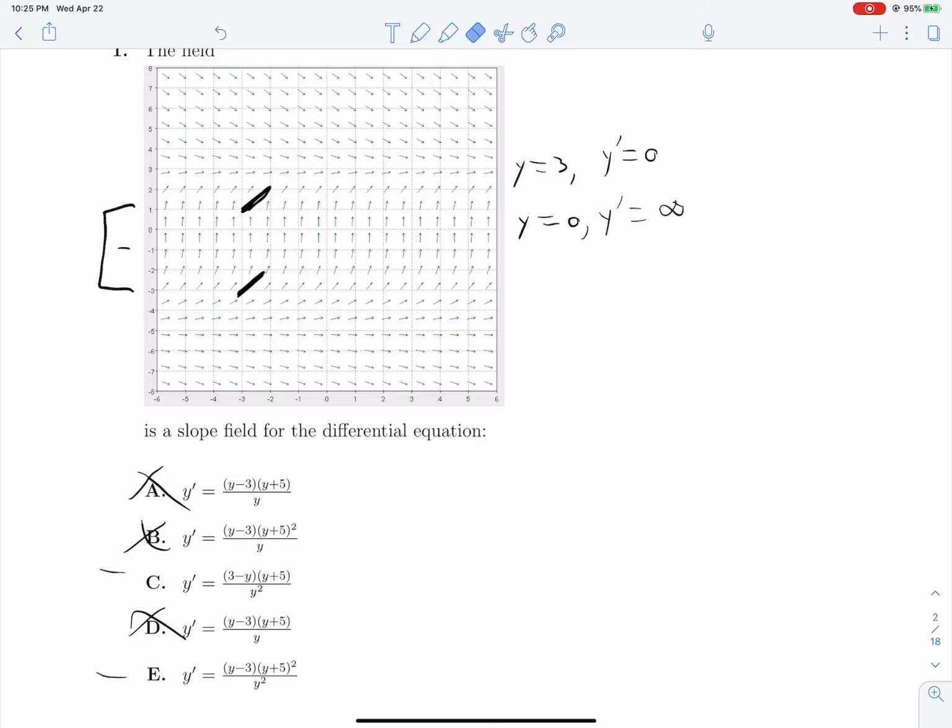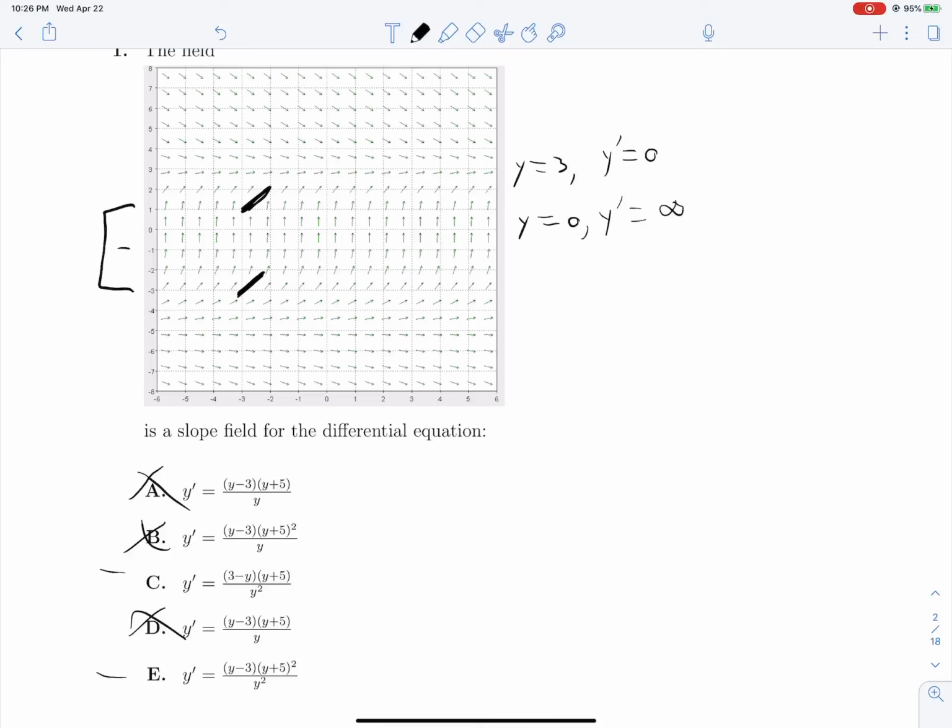And if we go up above 0 to say y equals 1, we'll have positive times positive over another positive. If this thing was not squared, we would get a negative slope for this area between -3 and 0. So that is no good right there.